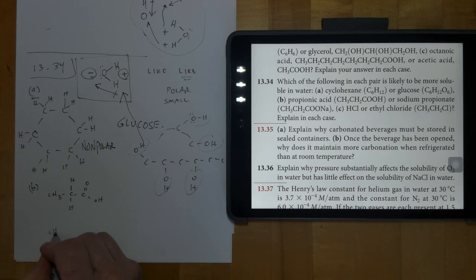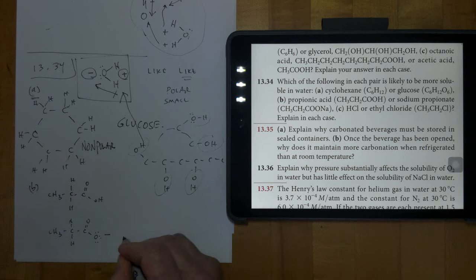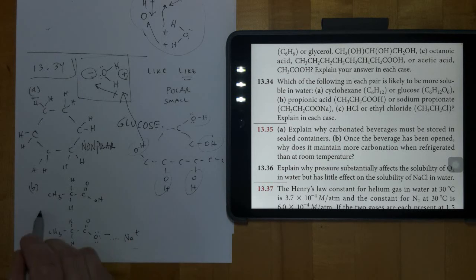And so we'd still have this CH3, CH2 right here, and then we'd have a C double bond OO, but this would have a negative charge to it now right here. And then the Na would be attracted to it, and this would make it an ionic compound because we'd have this ion and this ion stuck together. You can think of this as one big giant polyatomic ion that's stuck together with the Na.